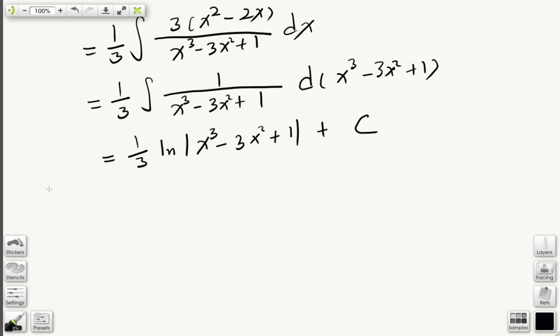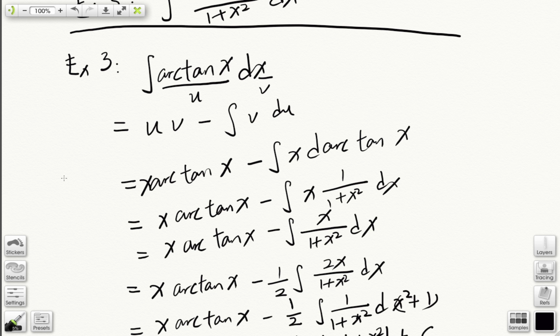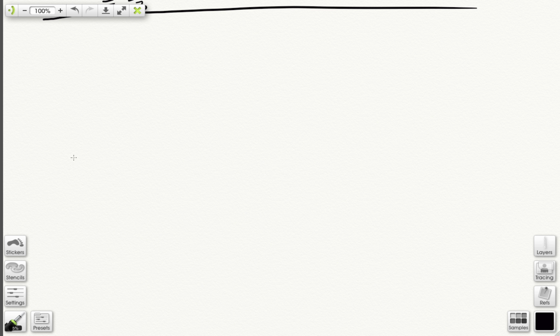Okay, as for the fifth one, exercise 5, we have the integral of x squared over 1 plus x squared dx.